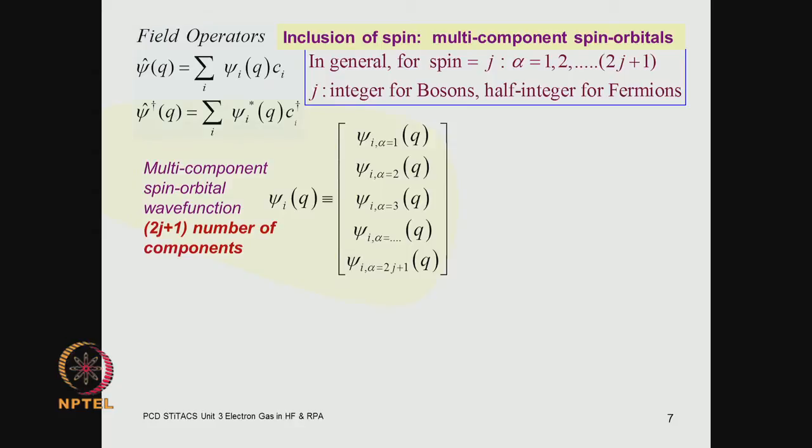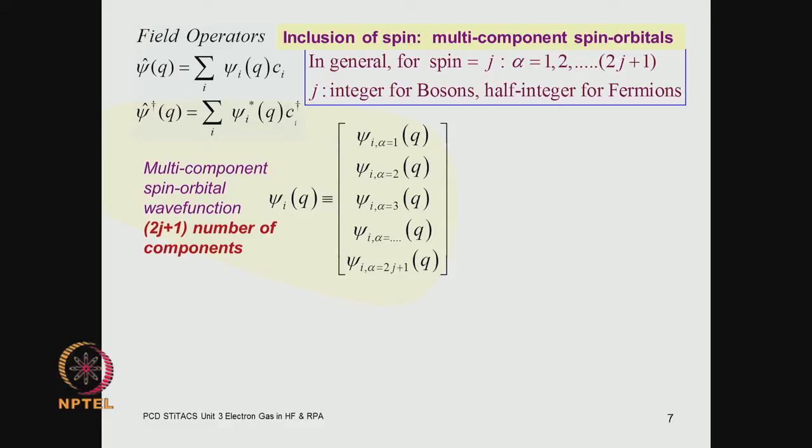And psi I, where you had written the quantum state I as a single index, will now need to be specified with 2 indices. One is I and the second is alpha, which will go from 1 through 2j plus 1, because there are 2j plus 1 components.